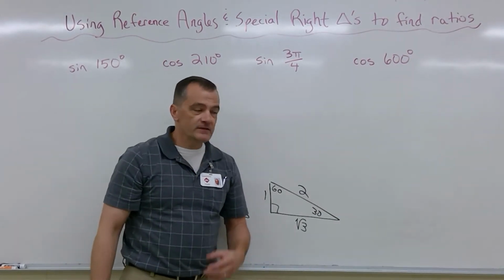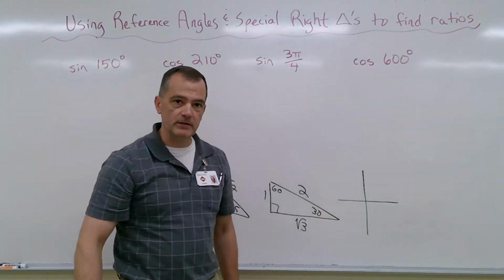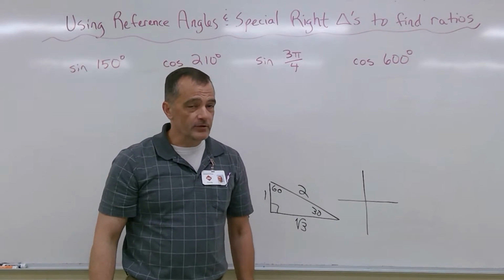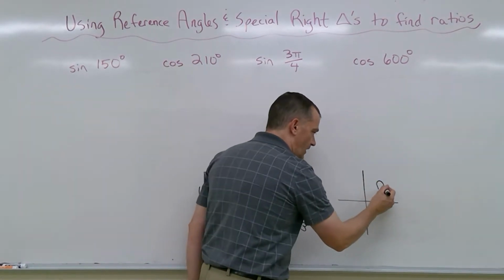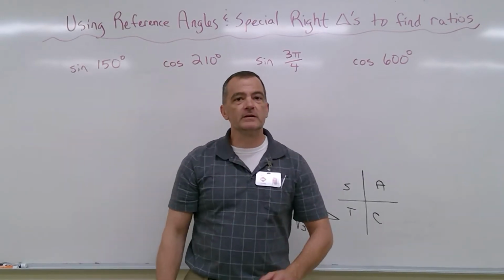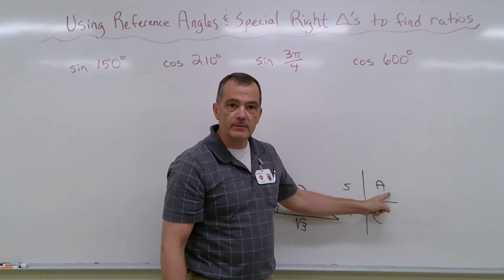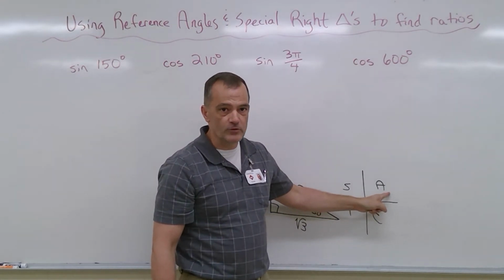And then if I had to memorize a third piece of information right here, it would be our Cartesian coordinate plane. And what I'm going to do is give you a little trick that says all students take calculus. We're going to develop the concept even more that all 6 trigonometric ratios are going to be positive in the first quadrant.